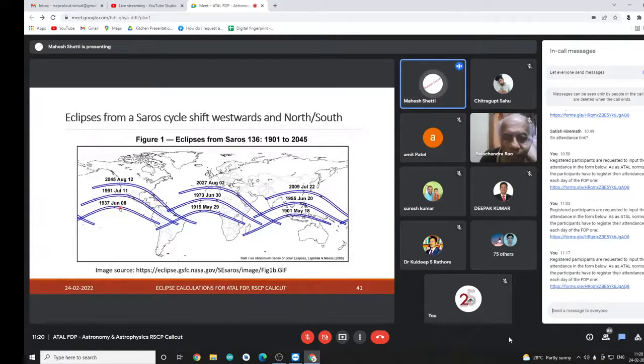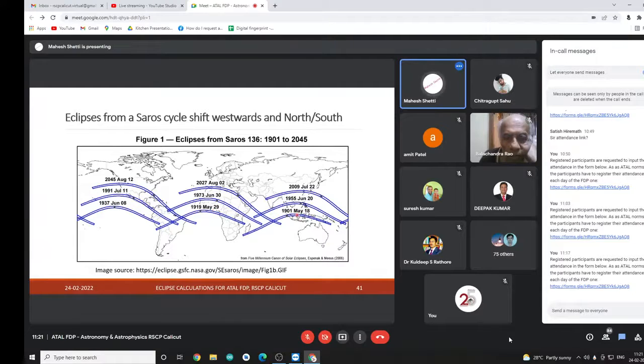The next eclipse again shifted 120 degrees towards the west, and it is in 1955. Next one was 1973. Next one was 1991. Next one was 2009. Next one was 2027. Again 2045 it is going to be there. So it is shifting every 18 years. Surely there is an eclipse, and it is shifting to the west. Also, you will see that it is shifting slightly towards the north.